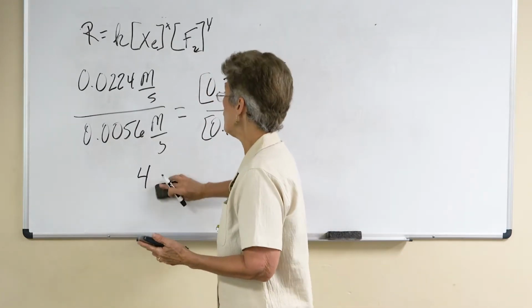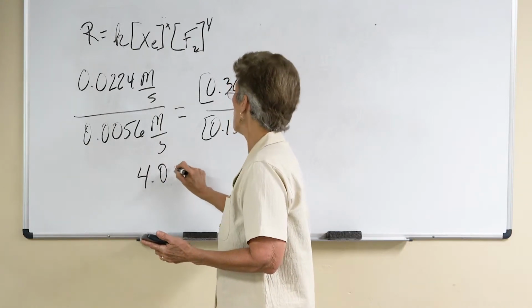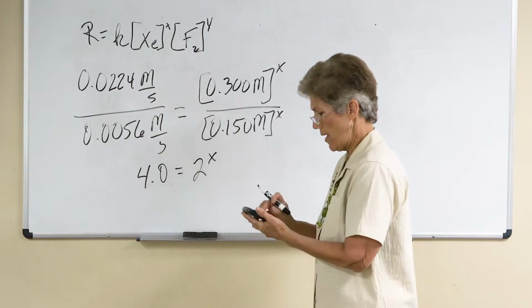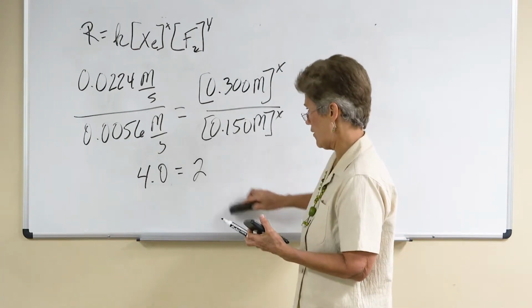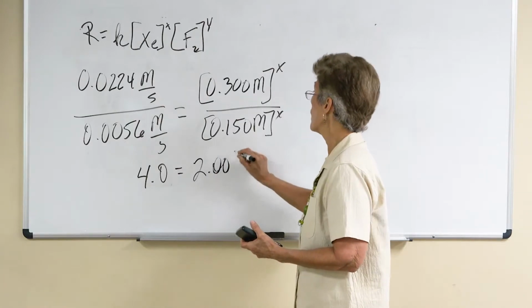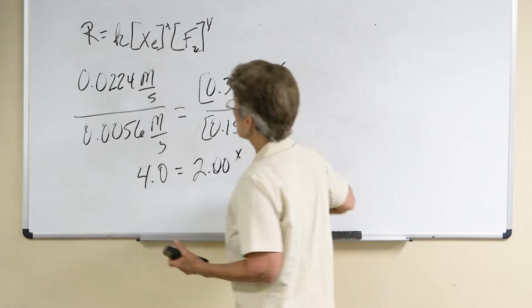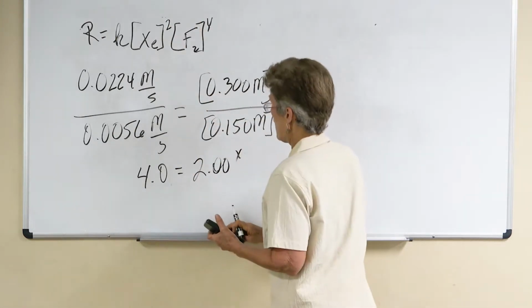Whoa, significant figures. 4, 2 significant figures. This equals 2 to the X power. Okay, and I should have given that 3 significant figures. Shame on me. So this is going to be 2, isn't it? So I'm going to come up here and make X 2. It's to the second power.